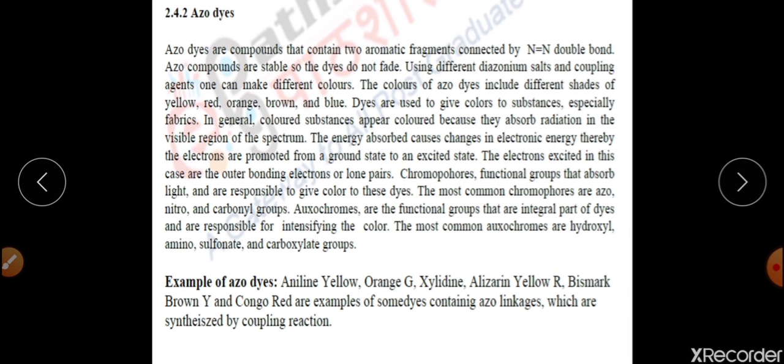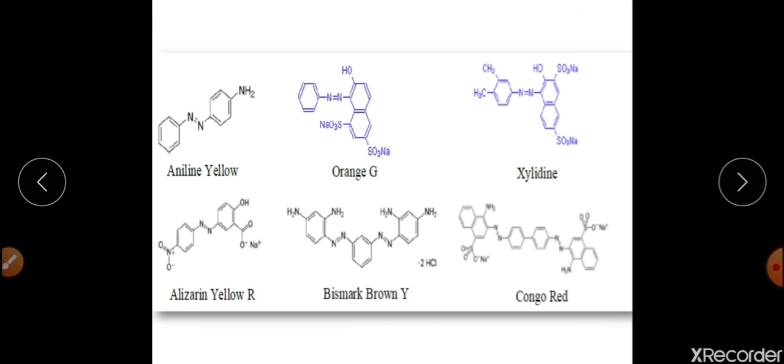As I told you about the synthetic importance of the reaction, this reaction is synthetically very important, and a variety of different types of dyes can be synthesized by using this reaction. So this is used in synthetic organic chemistry for the preparation of various kinds of dye. Some of the dyes are on the screen that you can see: aniline yellow is being synthesized, orange G is being synthesized, chrysoidine has been synthesized, alizarin yellow R has been synthesized by using the diazonium coupling reaction.